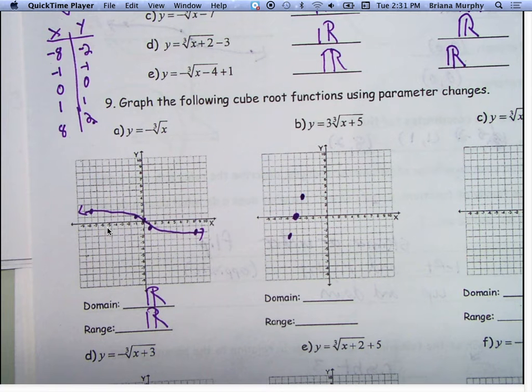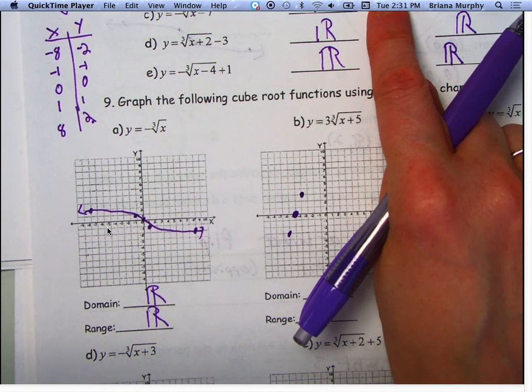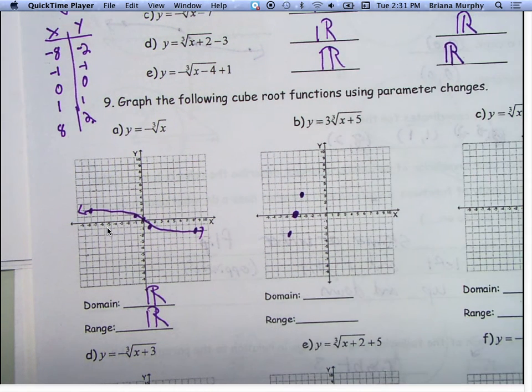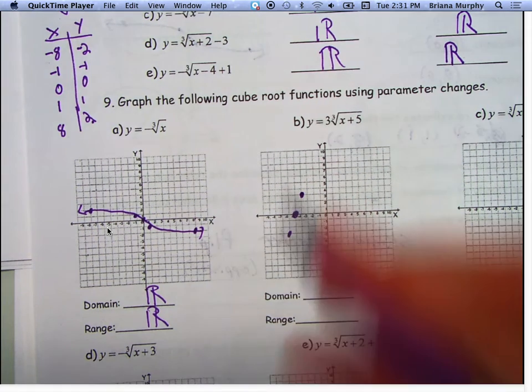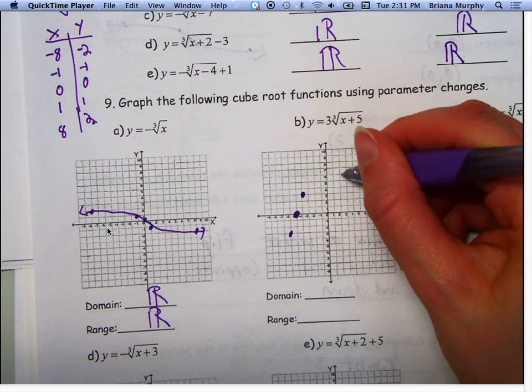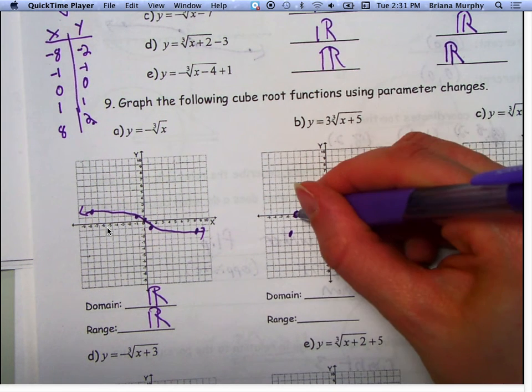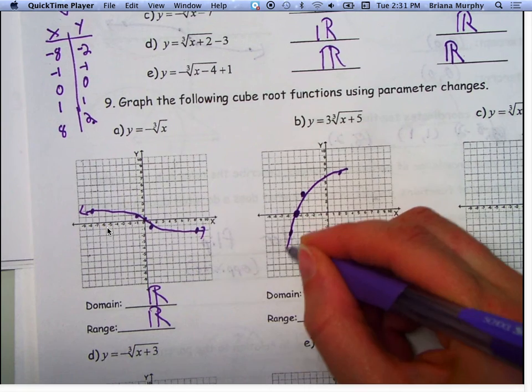What did you write for domain and range? Domain and range is all real numbers, just like I discussed up here. If you just don't look up here for a second, guys, you miss so much. I have negative 5, and at 3, I'm at 6. So I start going like this, like this.